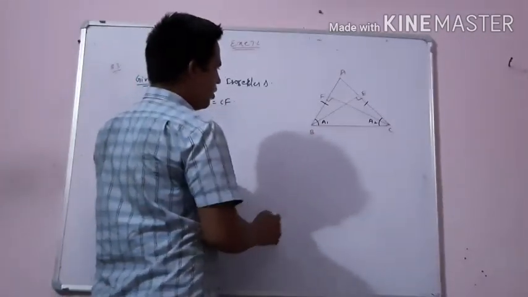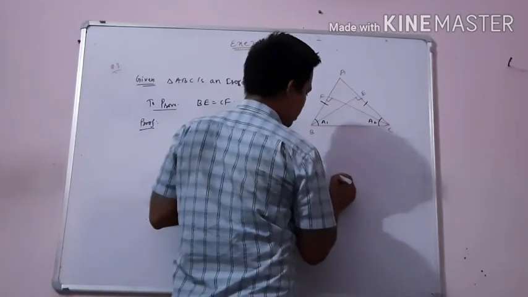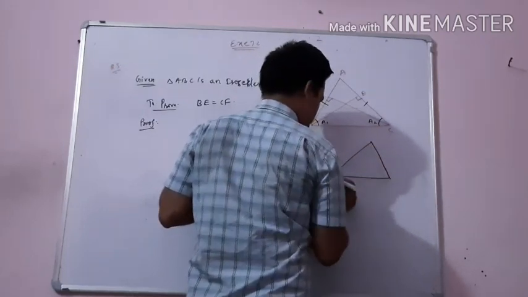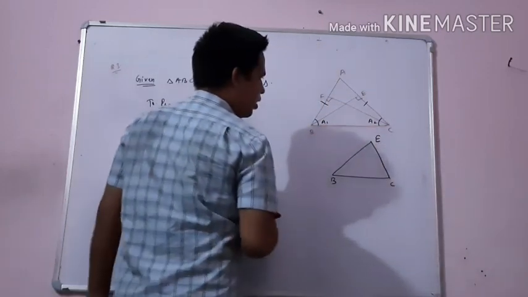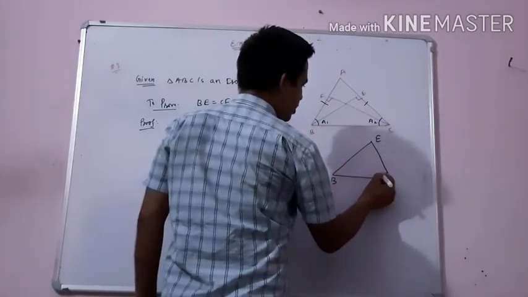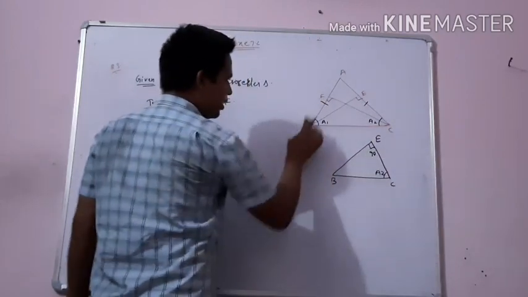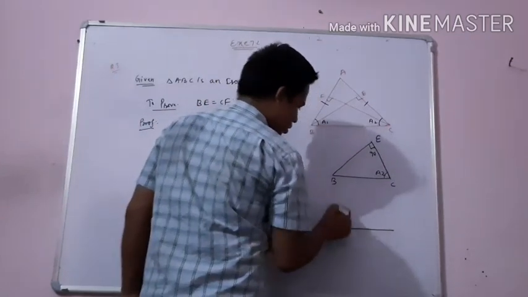Consider triangle BCE. Here in triangle BCE, this is angle A2 and this is 90 degrees. And consider triangle BFC.